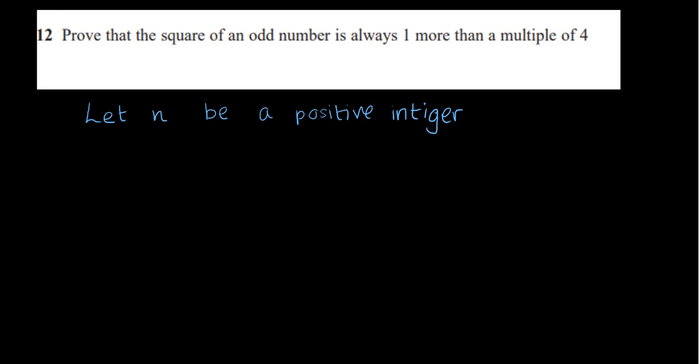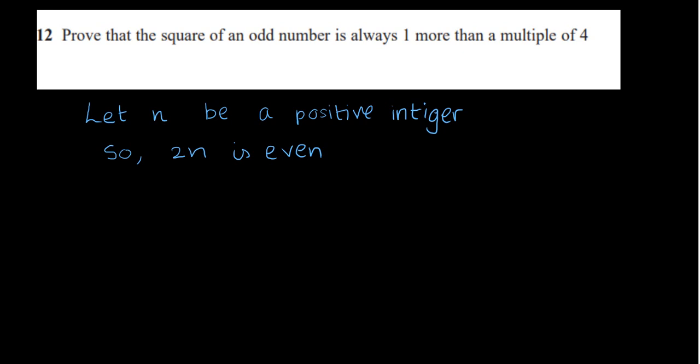So n could be any value, so 2n is even because every multiple of 2 is even.